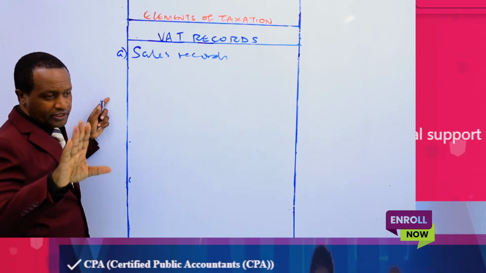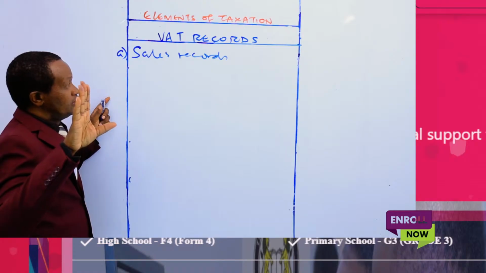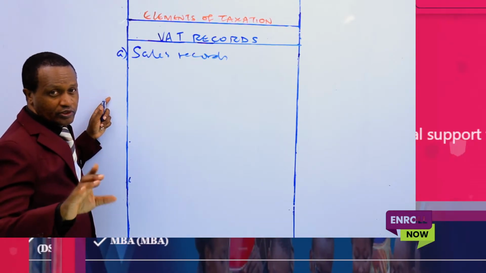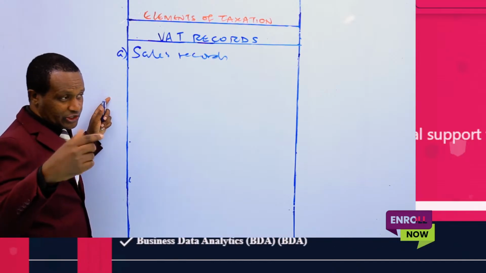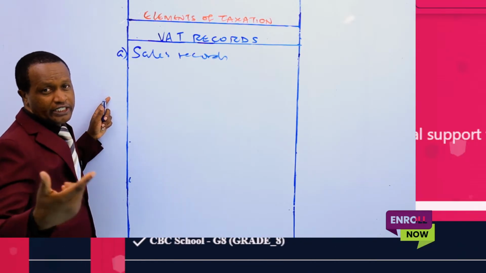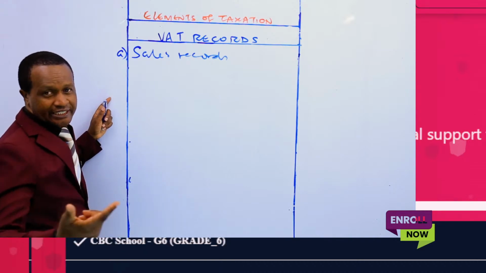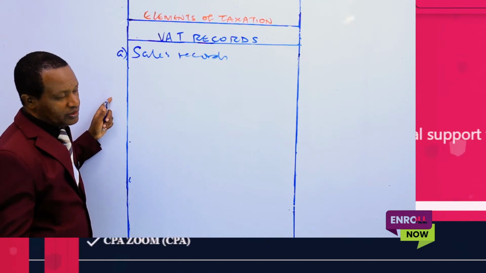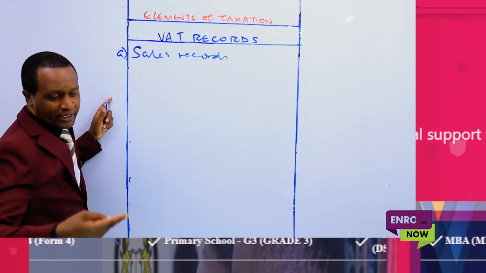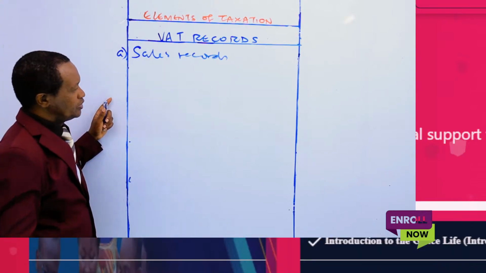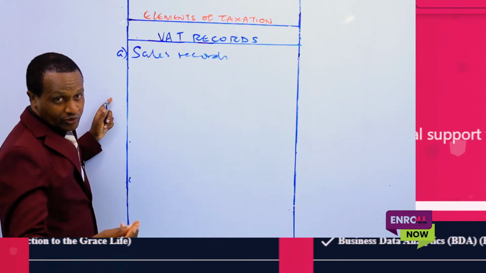If you are doing business and you are a VAT registered person, you are first of all required to maintain sales records, which constitute copies of e-TIMS generated tax invoices. That is number one. We also have copies of serially numbered credit notes. Number three, we have serially numbered debit notes.